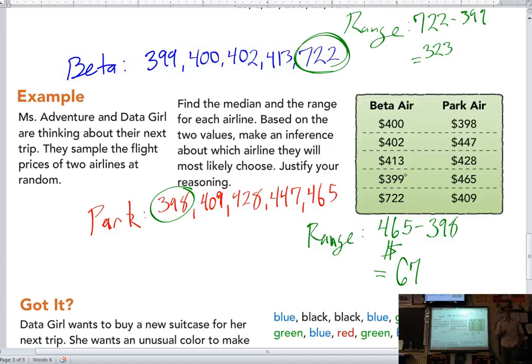Now, hold on. So we found the range, but what about the median? So the middle price, right? So Jaheim, what about the middle or the median prices here? What's the median price for Beta Air? So median means middle.